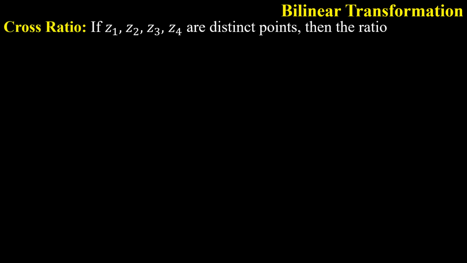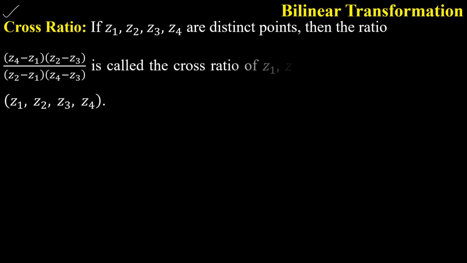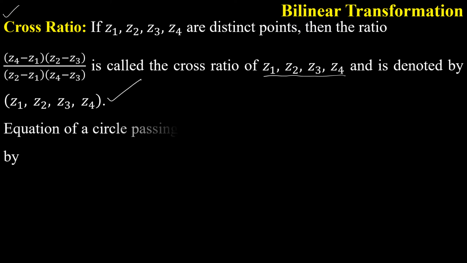Now the next very important term that we see in the bilinear transformation is the cross ratio. If z1, z2, z3, z4 are distinct points, then the ratio (z4 − z1)(z2 − z3)/((z2 − z1)(z4 − z3)) is known as the cross ratio of these four points.